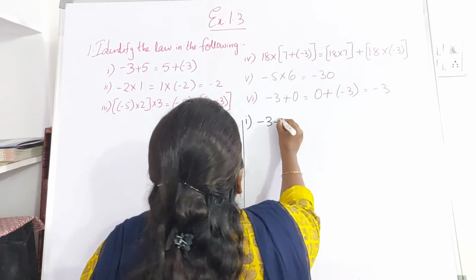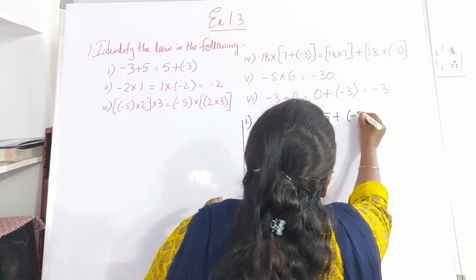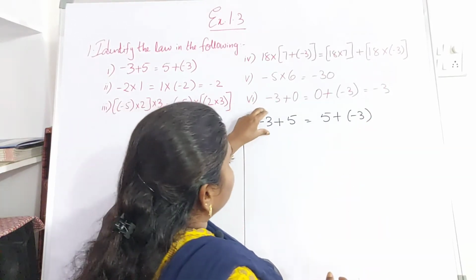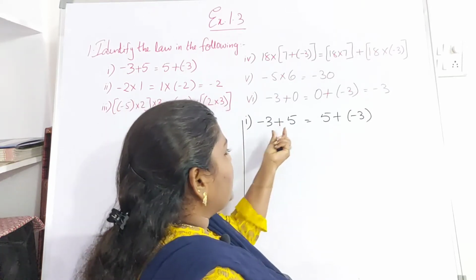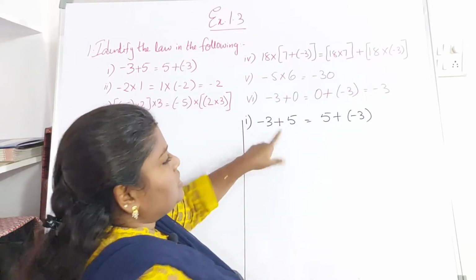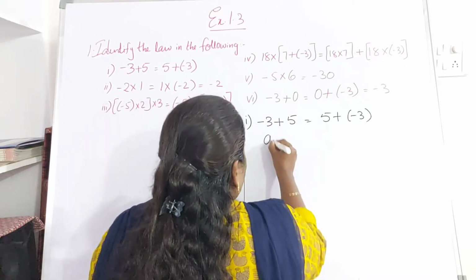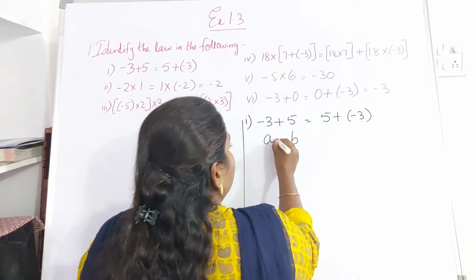Minus 3 plus 5 is equal to 5 plus minus 3. So whenever it is given like this, you should analyze that this is a variable or a number and this is a number and the operation between them is plus. So let me write. Now I'll assume minus 3 as A and 5 as B and the operation is plus.